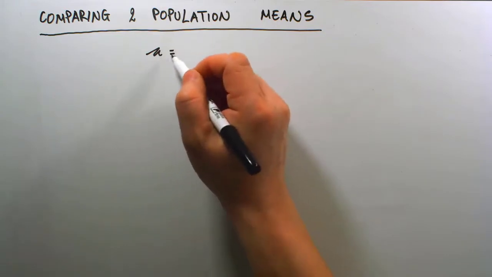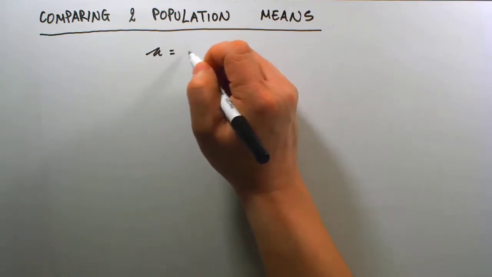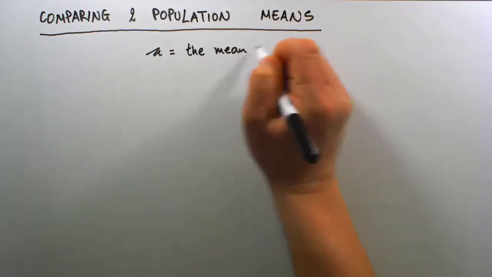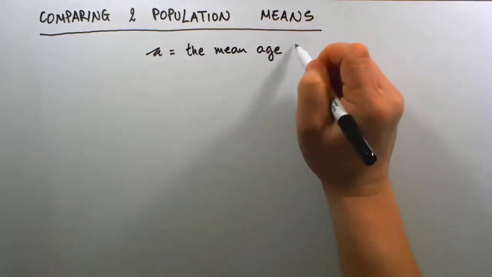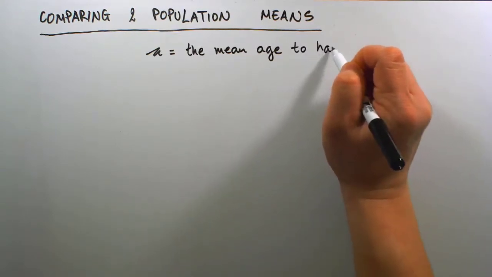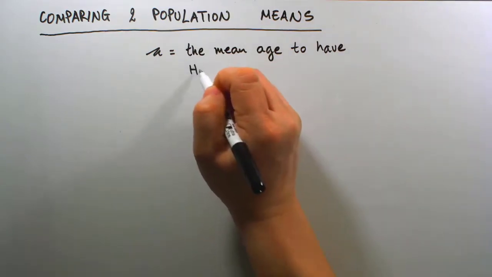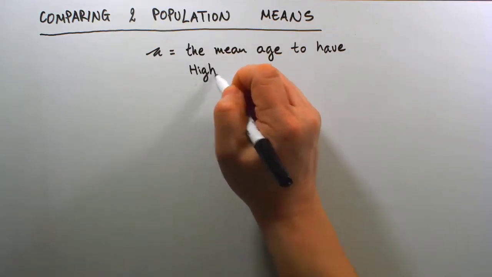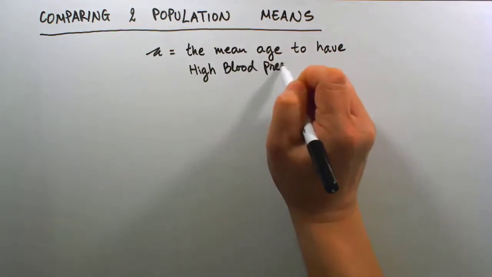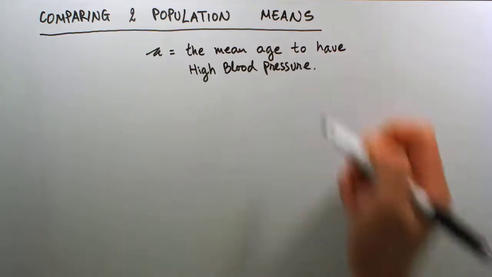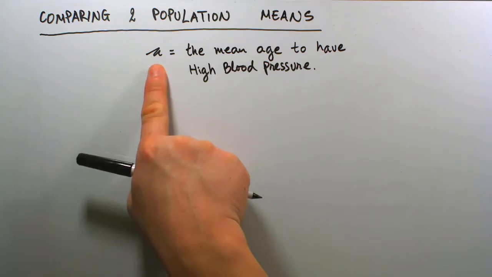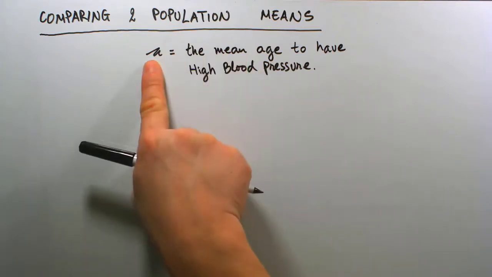Let's say our mean value here is the population mean, the mean age to have high blood pressure. Imagine that this is a population mean value that a lot of medical doctors are interested in.